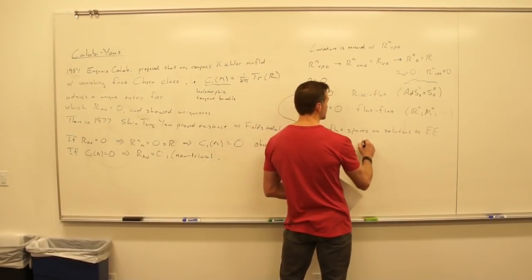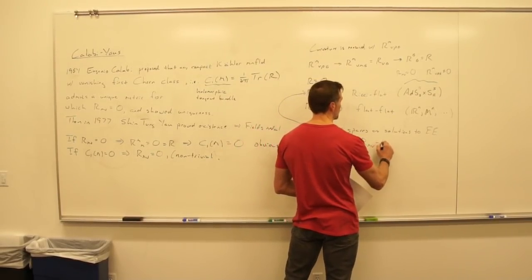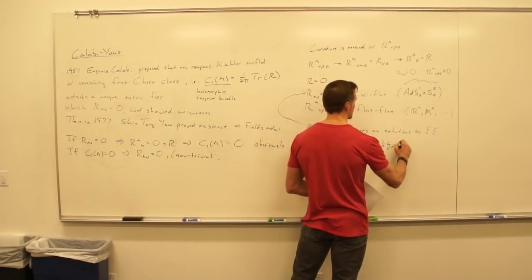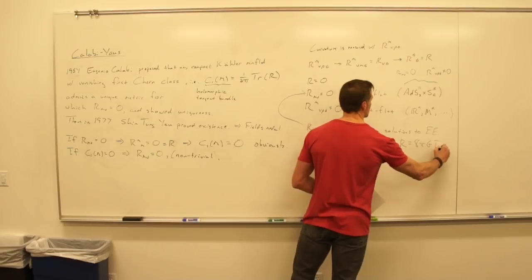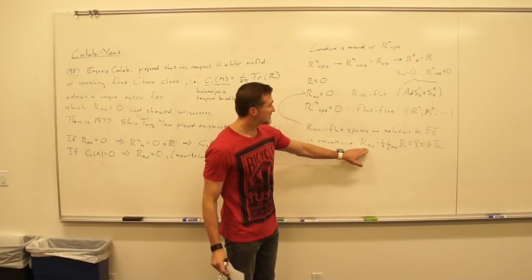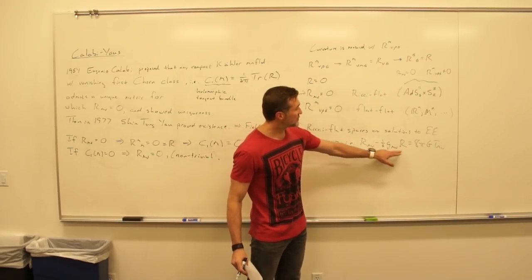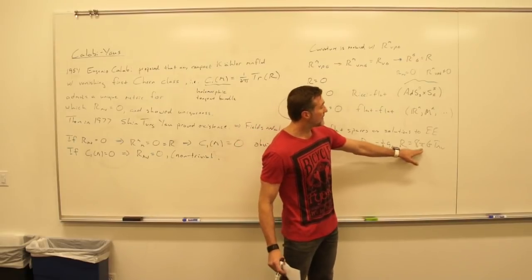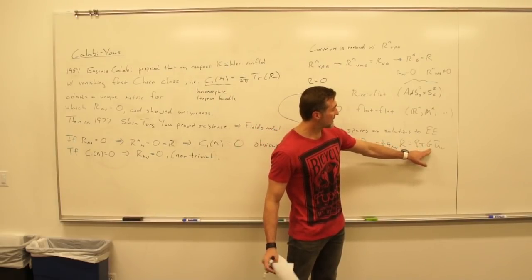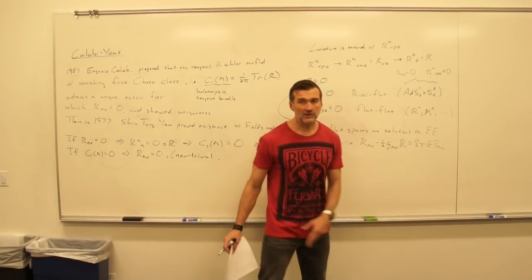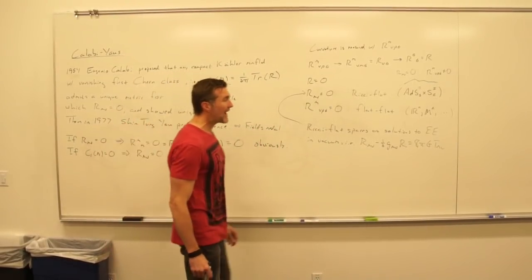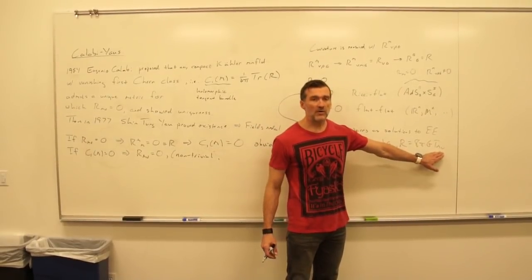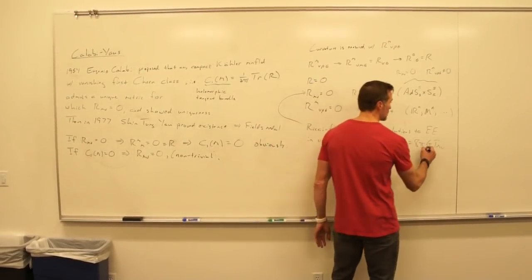Here's a preview for those of you taking general relativity. It's the Ricci tensor minus 1/2 the metric times the Ricci scalar, equal to 8 pi big G, the Newton gravitational constant, times the energy momentum tensor. If you're in a vacuum, you have no energy momentum, so the right-hand side is 0.